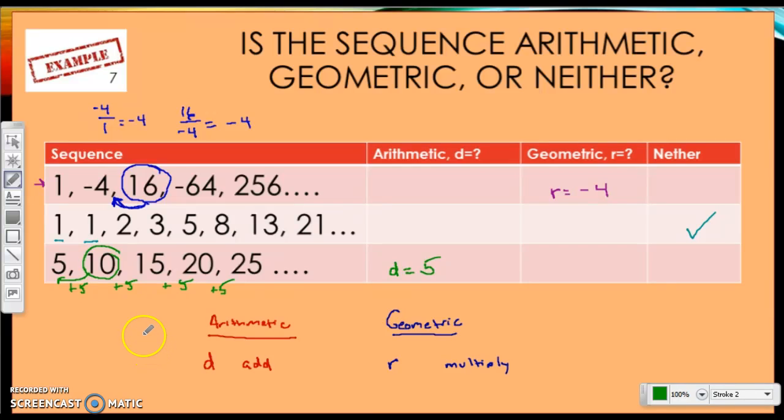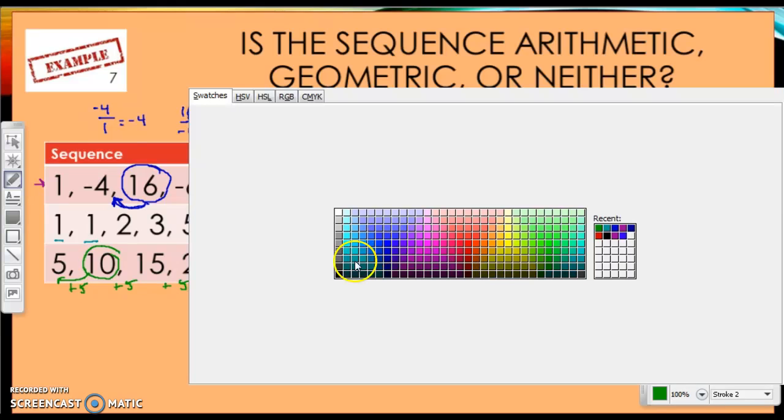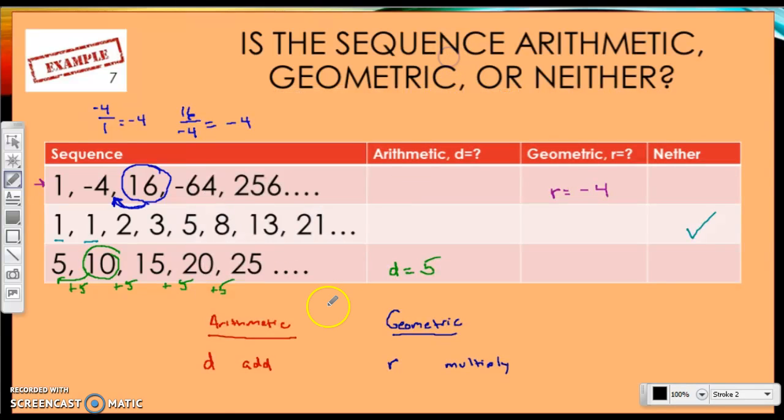Now, let me just clarify one little thing for you. Let's say I have 100. The next number is 50. The next number is 25. All right, so what kind of pattern do I have going here? 100 divided by 2 or times 1/2 gives me 50. 50 times 1/2 gives me 25.